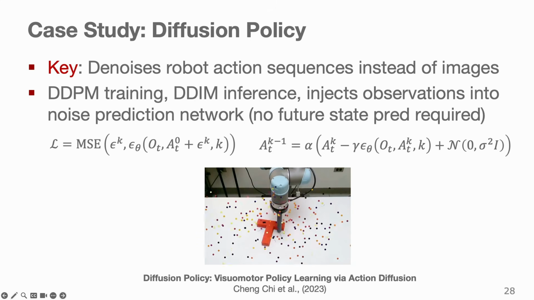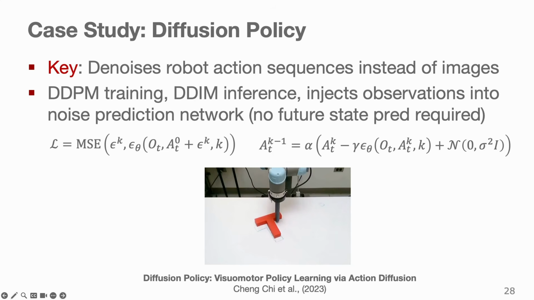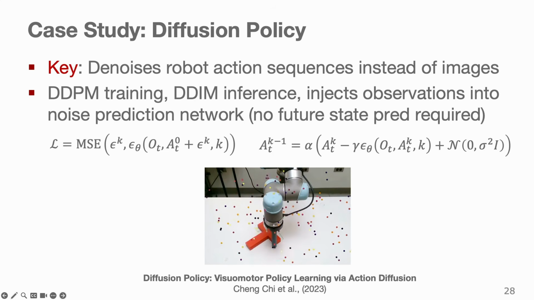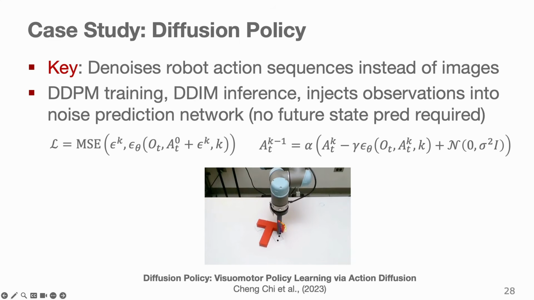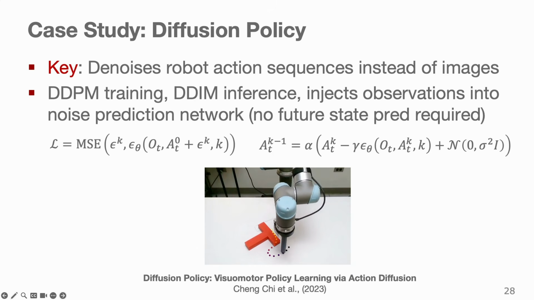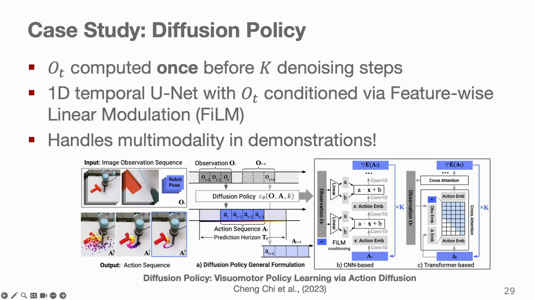The best part is that unlike previous works, the proposed approach also doesn't require any future state prediction. So it doesn't have to predict future images or anything. So it's quite a bit more efficient. So the policy directly outputs the sequence of actions conditioned on the current observations.